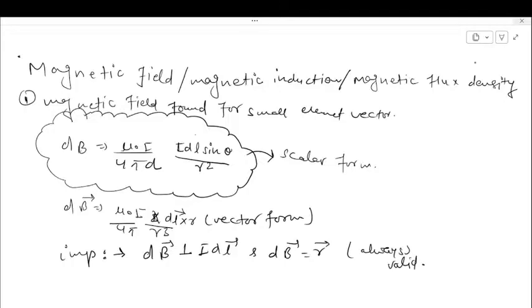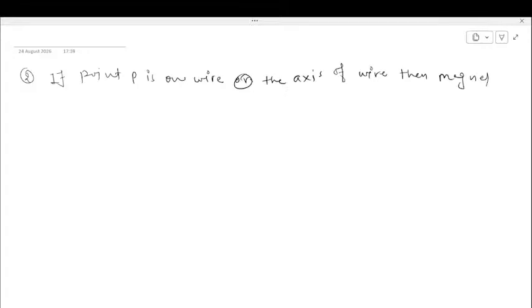Now, next slide. Second formula: if point P is on the wire or at the axis of the wire, then the magnetic field will be 0.